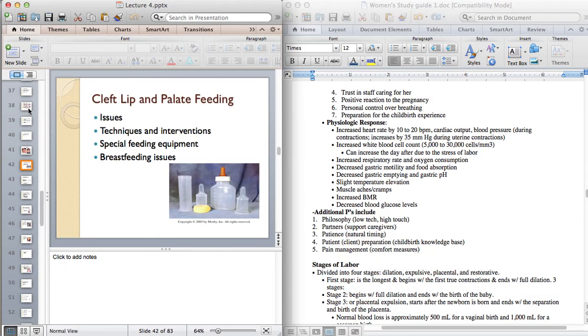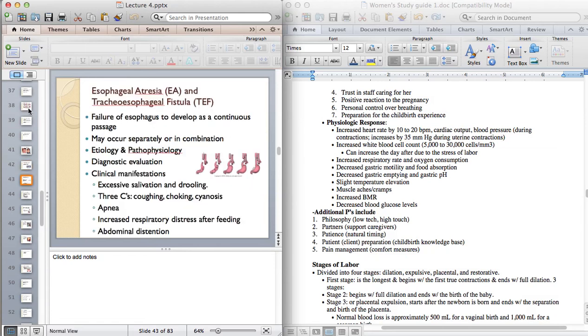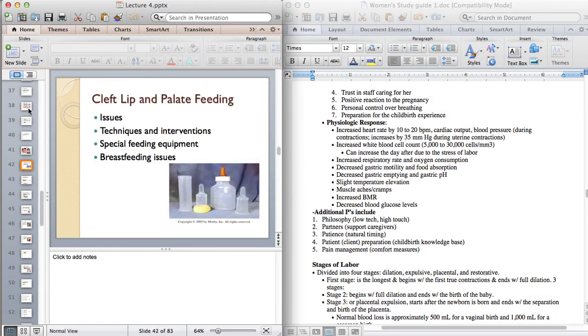Okay? Other things that will happen post-operatively for this child immediately after the repair: we would like to prevent the child from sucking their tongue or putting their hand or anything in their mouth. So we may have to put elbow restraints or mittens on the child.